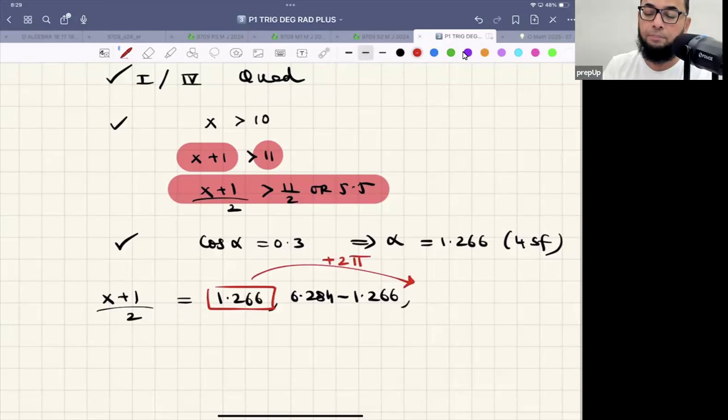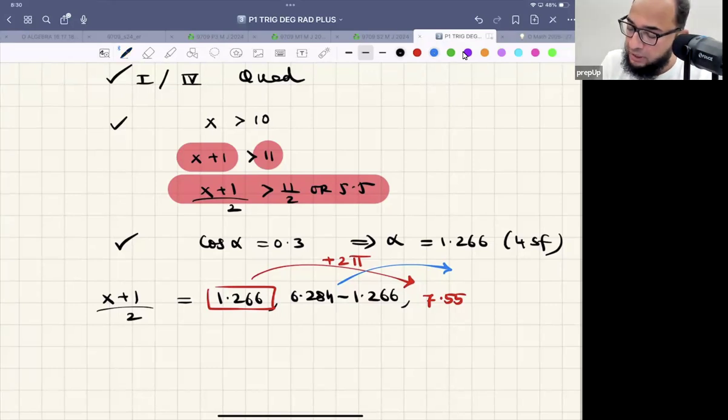Let me grab the basic calculator. 1.266 plus 6.284 comes out to be 7.55. And 6.284 minus 1.266 comes out to be 5.018.